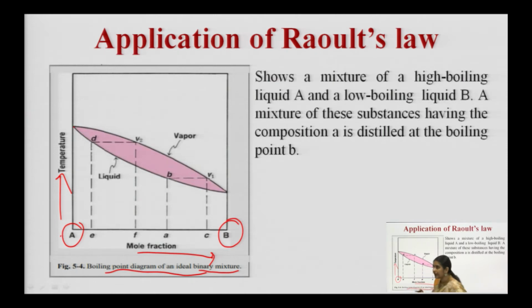The higher the boiling point, the lesser is its escaping tendency, because higher boiling point means low vapor pressure, and low vapor pressure means less escaping tendency. So here the boiling point of A is denoted at this point, and the boiling point of B is denoted by this point.